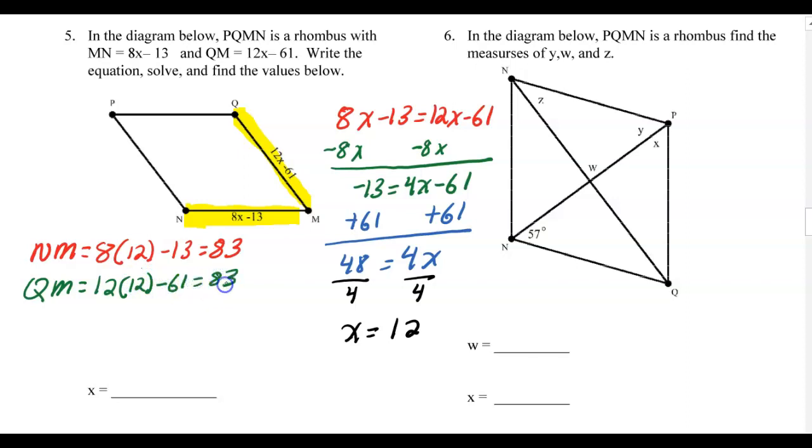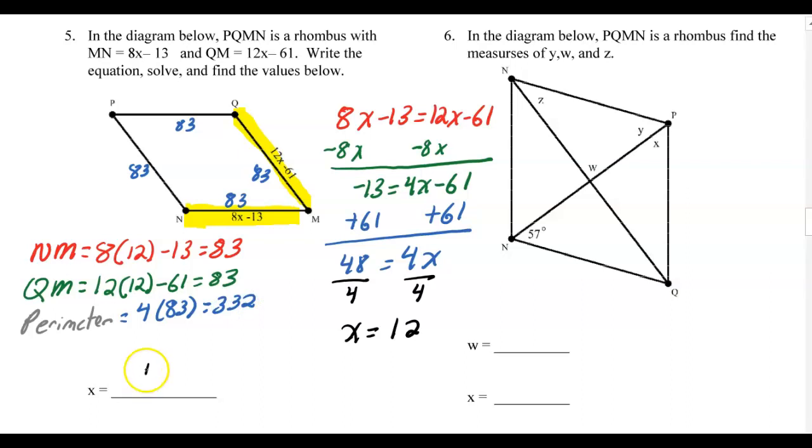Notice I get 83. And maybe I'll even want the perimeter. So if I want the perimeter, we now know all the sides are 83. So to figure out the perimeter, I could do 4 times 83, which is equal to 332.